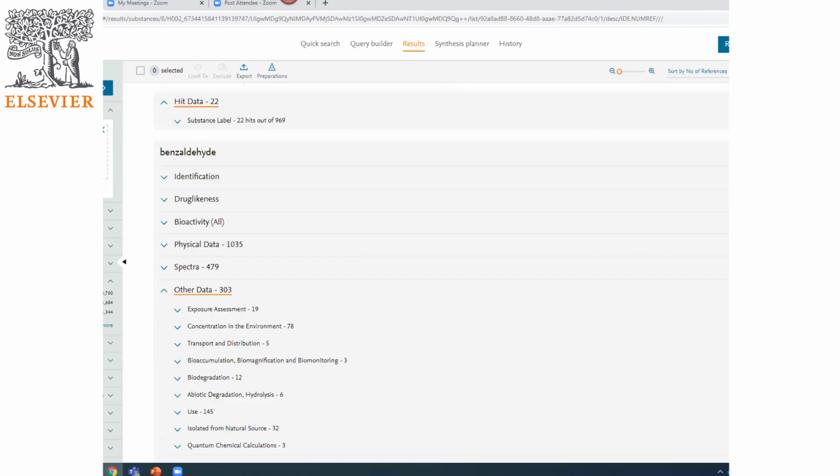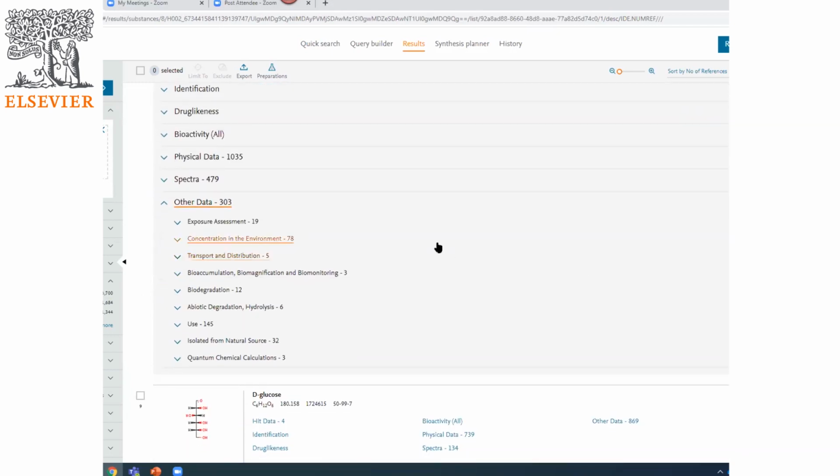Why do I repeat other data three times? Because environment information is mainly accumulated over there in the other data. For benzaldehyde, it's exposure assessment, concentration in the environment, transport and distribution in the environment, bioaccumulation, biomonitoring, biomagnification, biodegradation, abiotic degradation, hydrolysis or photolysis, which is not the case for benzaldehyde.